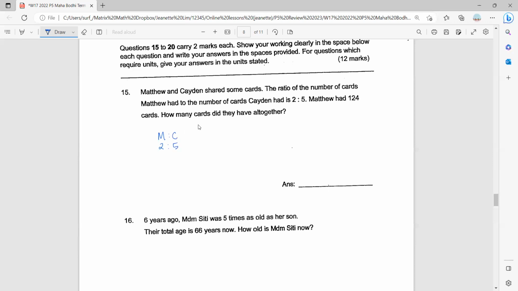Matthew is 124, so then 2 units is 124. 1 unit will be 124 divided by 2, which is 62. Then altogether is 7 units. So 62 times 7. Okay, so 434.